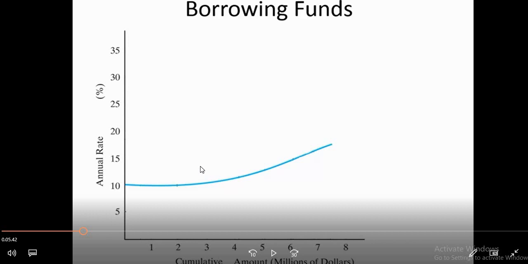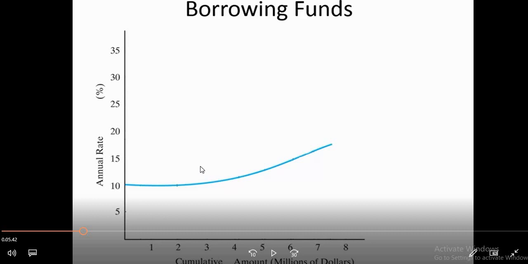The company's annual turnover is suppose $2 million. So up to this $2 million, the bank knows the company has an annual turnover of $2 million every year, so it can give money at a lower interest rate.